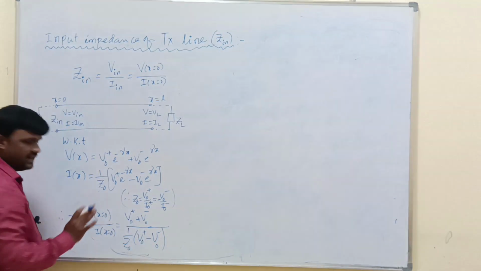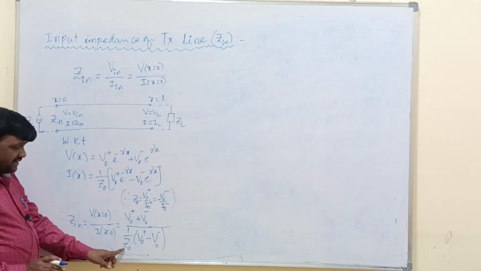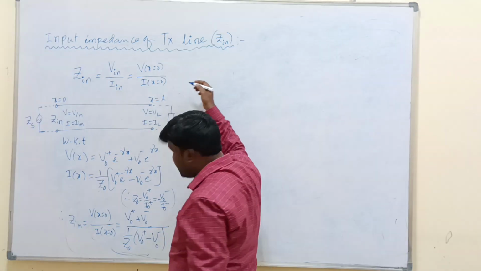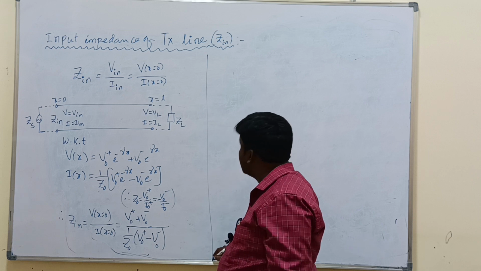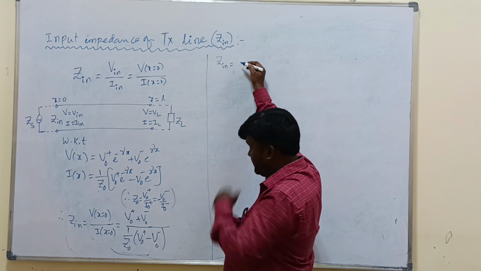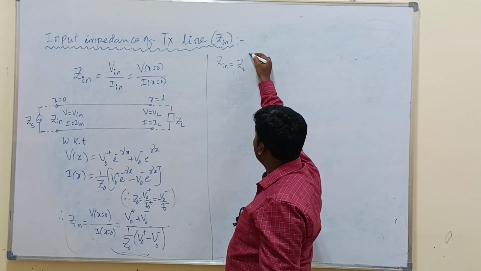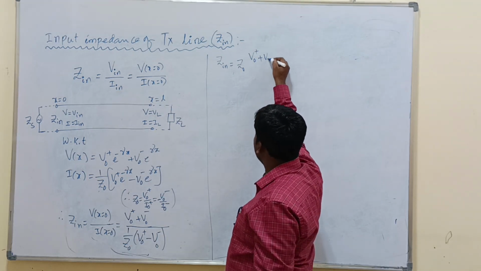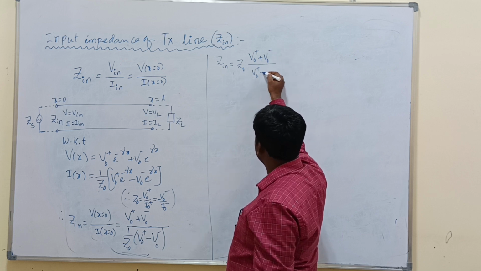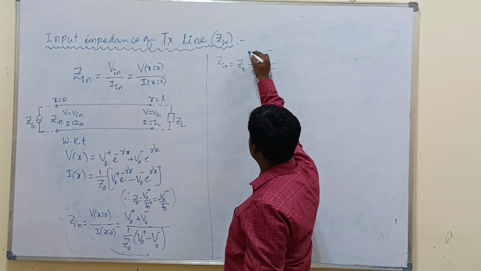So numerator by denominator: this 1 by Z naught in the denominator, if we shift it to the numerator, we can write Zin equal to Z naught into V naught plus plus V naught minus divided by V naught plus minus V naught minus.